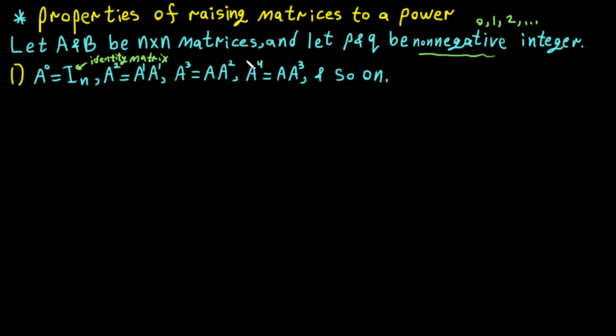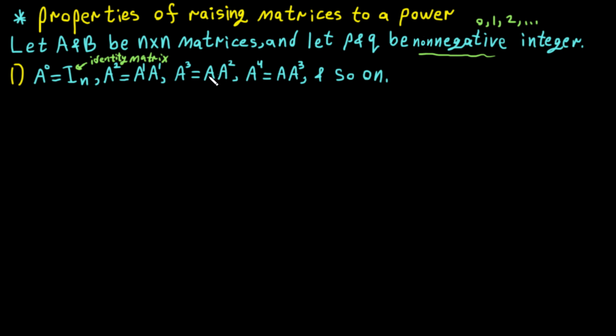As we said before, the power n of a matrix A for a non-negative integer is defined as the matrix product of n copies of A. So here A^3 has 3 copies, so we multiply 3 times: A multiplied by A^2, where A^2 is A multiplied by A. And the same thing: A^4 equals A^1 multiplied by A^3, and so on.